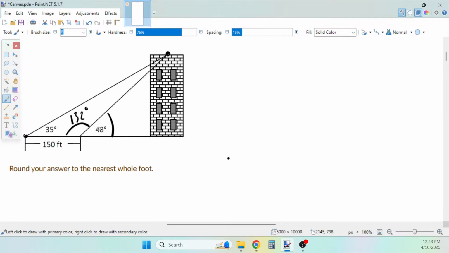So this is 132. This is 35. Means this angle up here we also know.